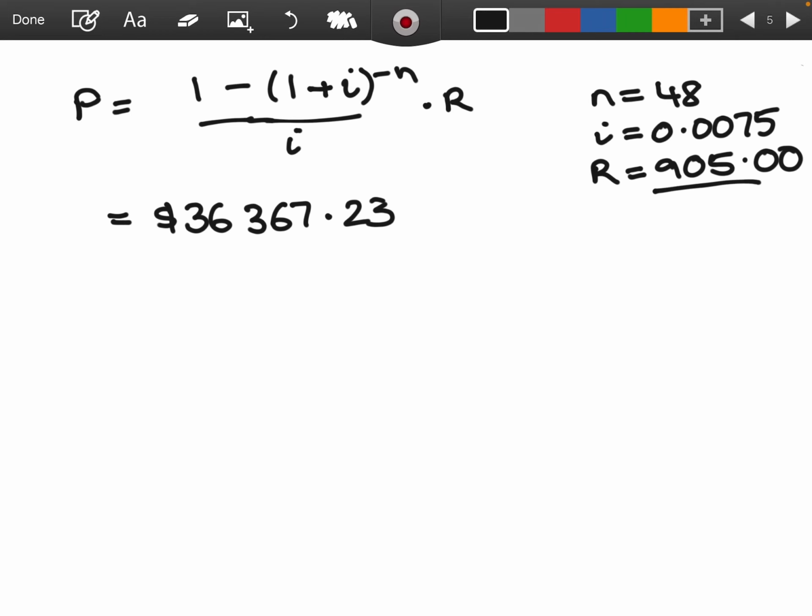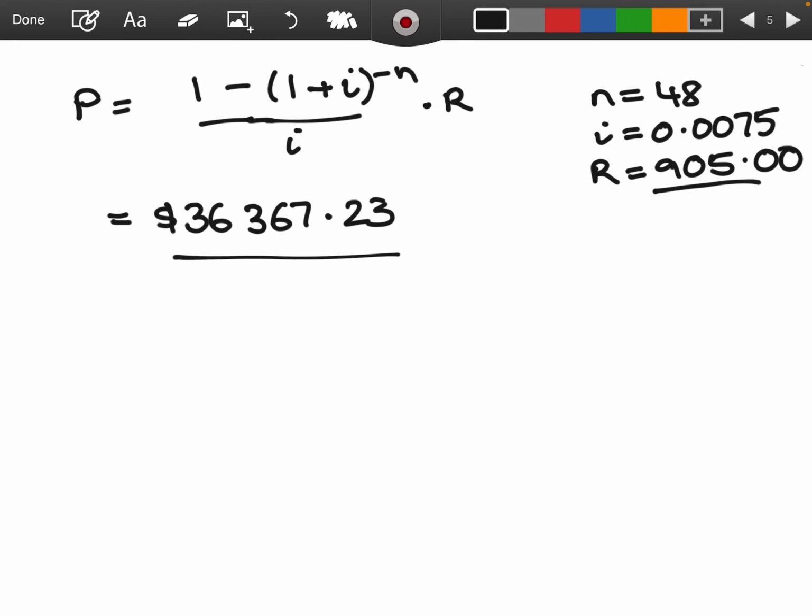You are paying 0.75% interest on whatever the unpaid balance is every single month. Now, 0.75% interest on $112,000 is a lot more than 0.75% of $36,000.